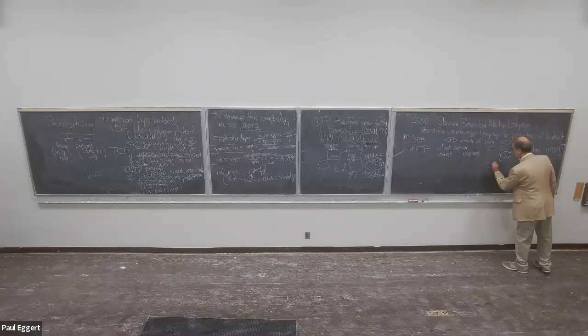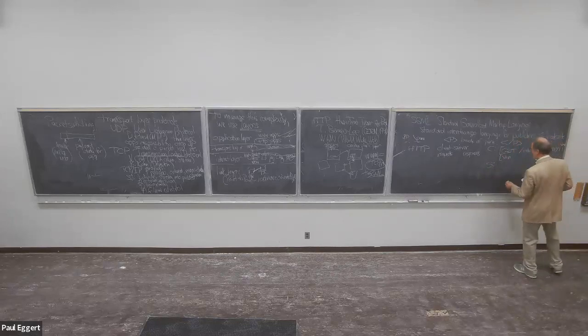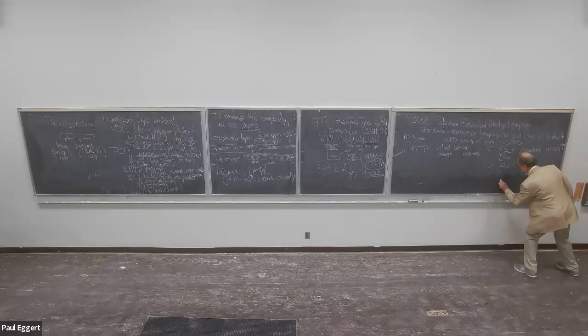And what the server does is it responds with the appropriate information. So the server might say something like, 200 OK. And then here's the contents of the web page.